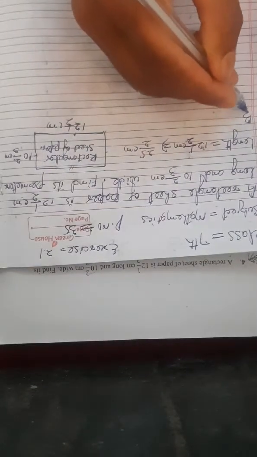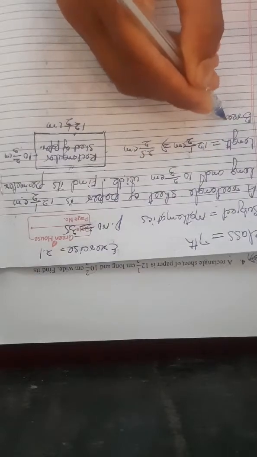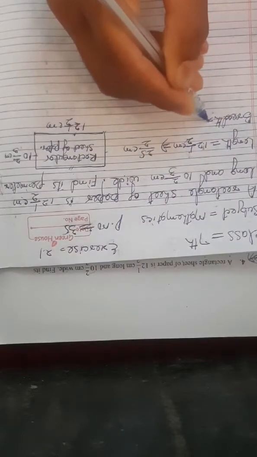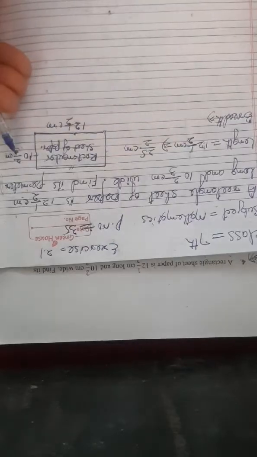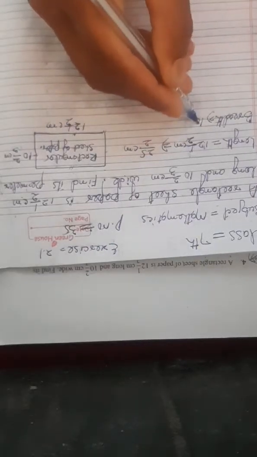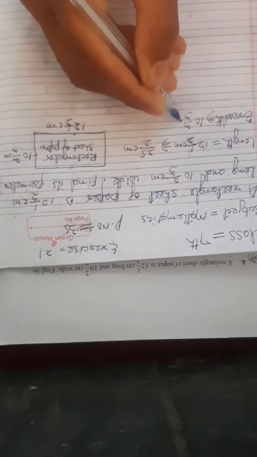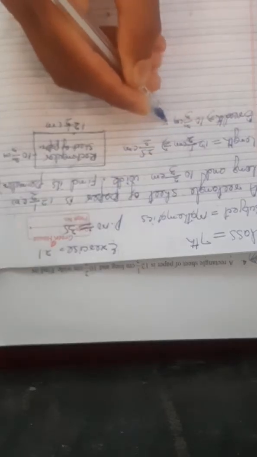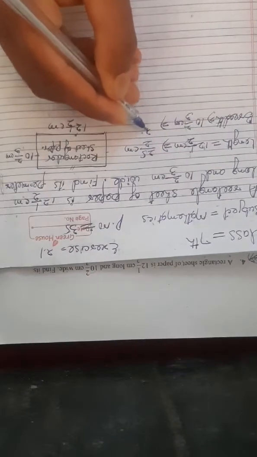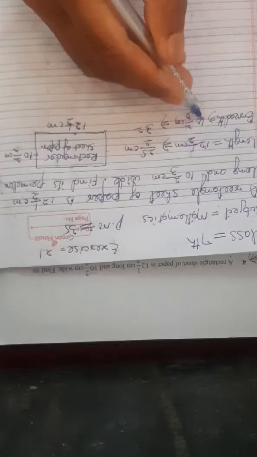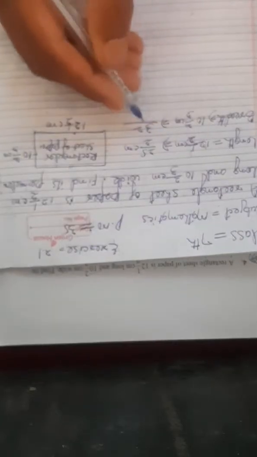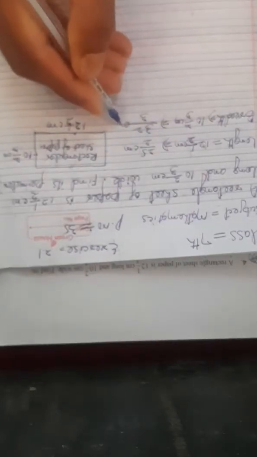Now breadth, or we can say width, how much is this width? 10 and 2 by 3 centimeter. Therefore we will convert this. 3 10s are 30, 30 and 2 is 32, divided by 3. 32 divided by 3 centimeter is the width of this rectangle.